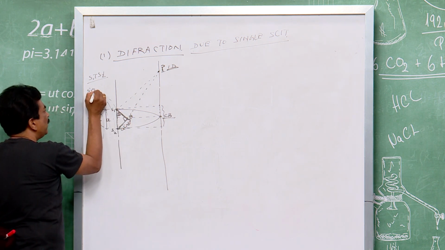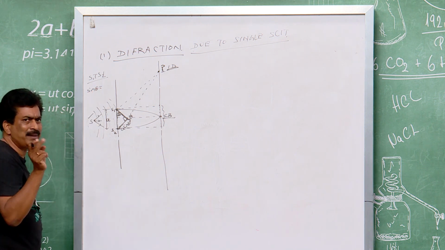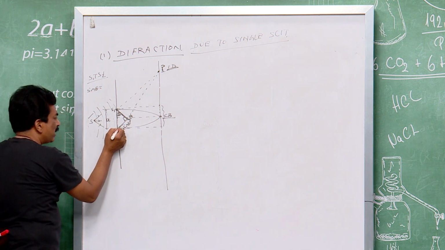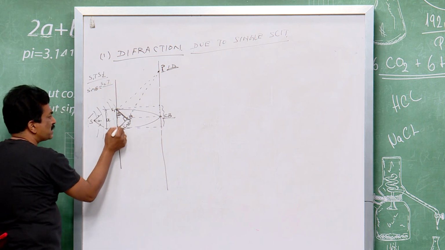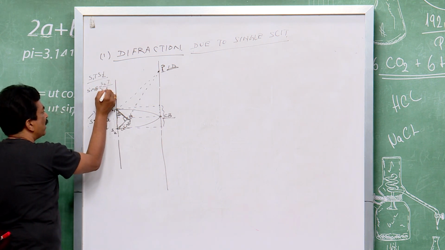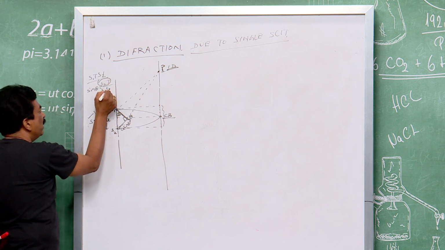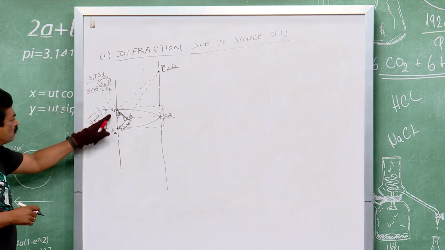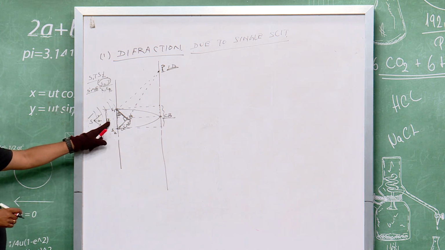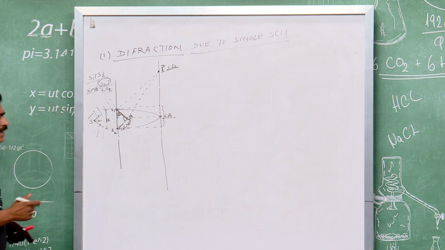So sin theta will be P by H. P means this one, S2T, divided by H. H is equal to S1S2. So S2T will be S1S2 into sin theta. S1S2 is equal to A. So that is equal to A sin theta.